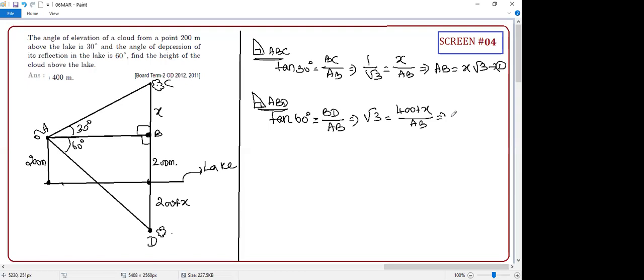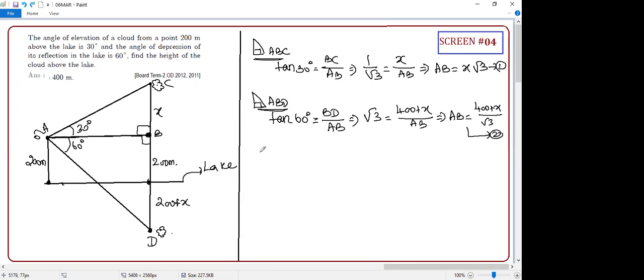Now from here I will get AB equal to what? You can bring this to here. The answer is 400 plus x upon root 3. Clear or not? Let's call this equation number 2. In equation number 1 and 2, which is common? AB is common.